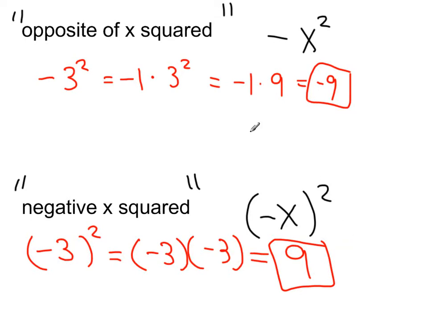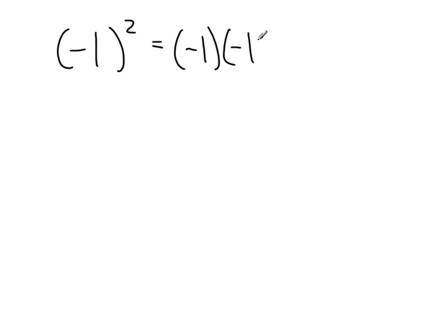Okay, now with this, we can devise some cool exponent rules. And the first one I'm going to tackle, we're going to keep our numbers nice and easy. Let's say we have negative 1 squared. So this means we have negative 1 times negative 1, which is positive 1. Whoopie-doo. So now I'm going to get a little bit crazier.